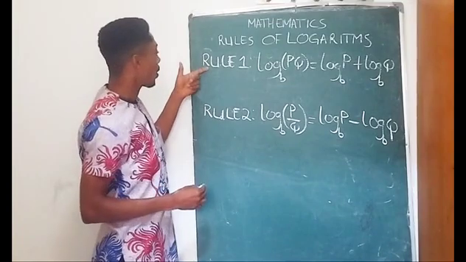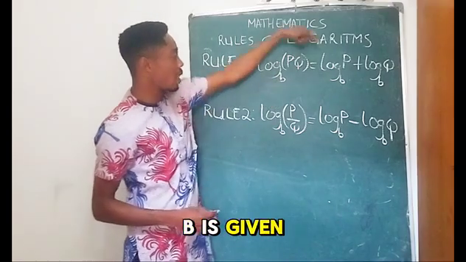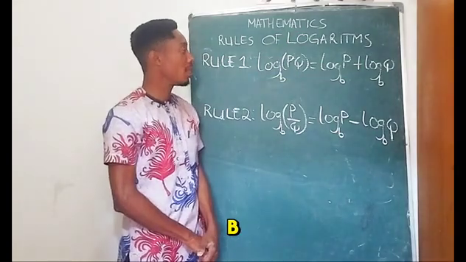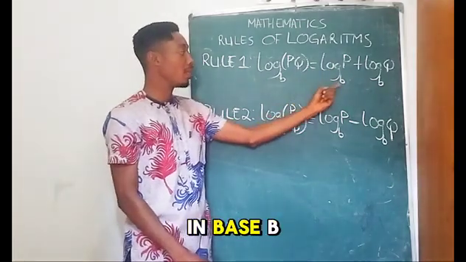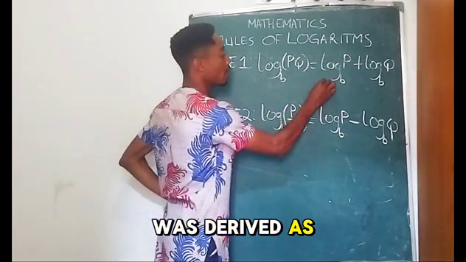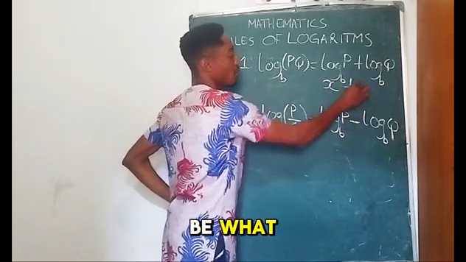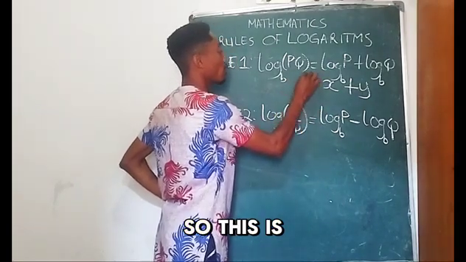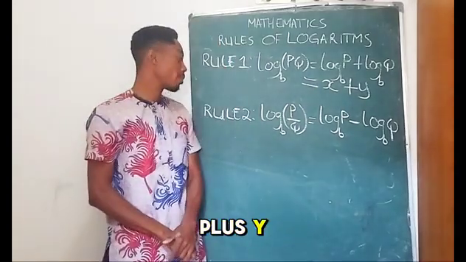Formally, at the first row, log pq in base b is given as log p in base b plus log q in base b. Recall the previous step that log p in base b was derived as x and log q in base b was derived as y. So this is equal to x plus y.